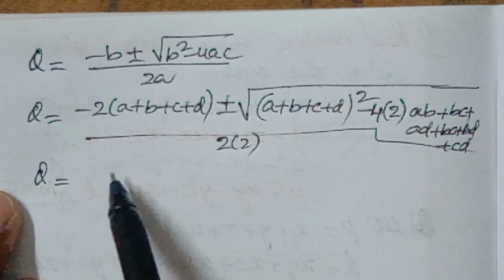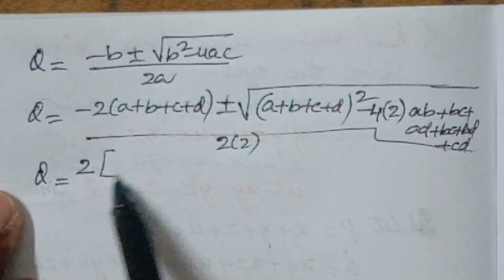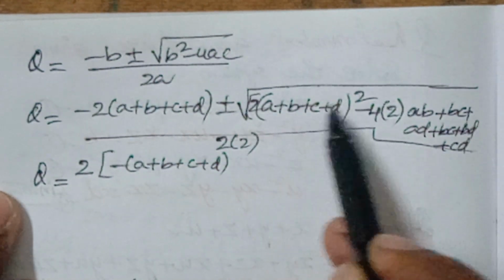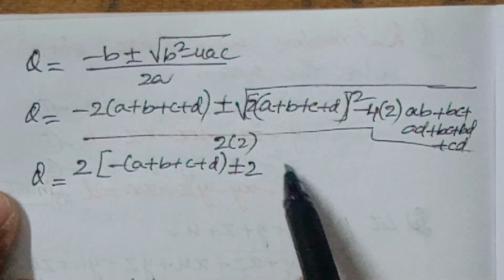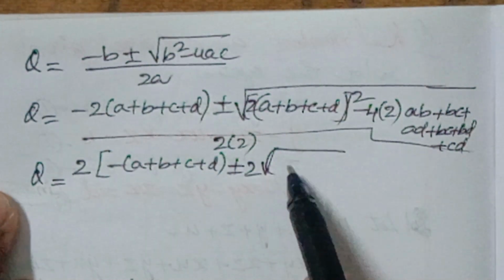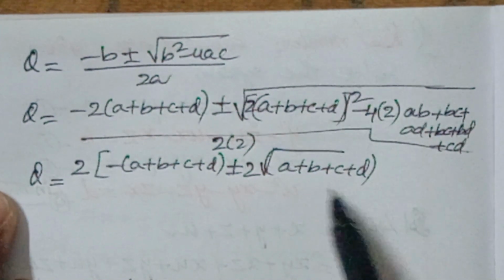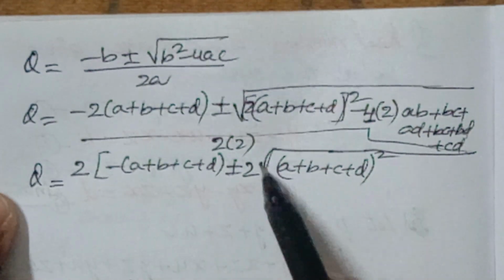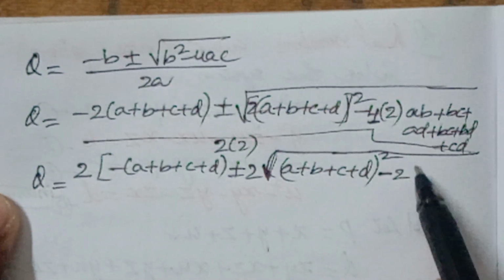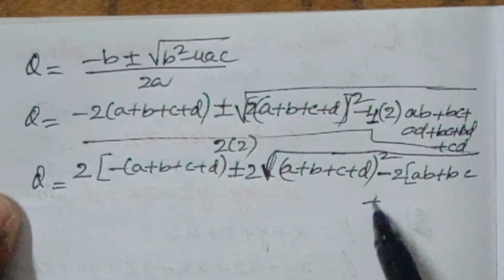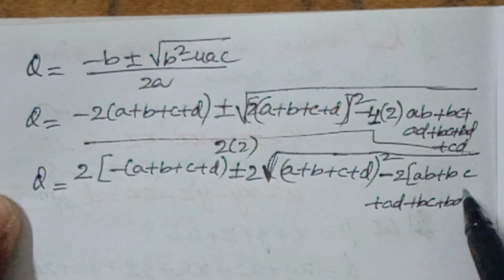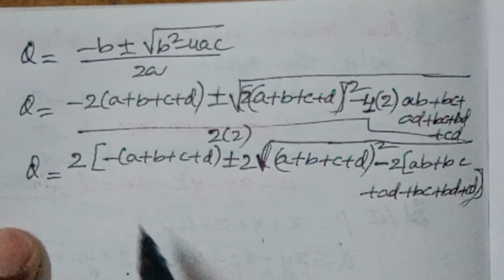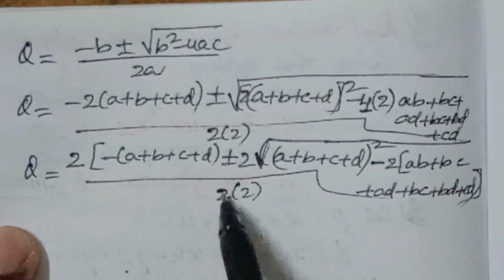Here you can take 2 common outside, and also inside the square root you can take 2 common, so that this 2 will get cancelled.